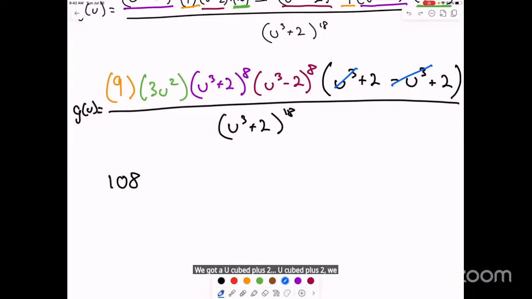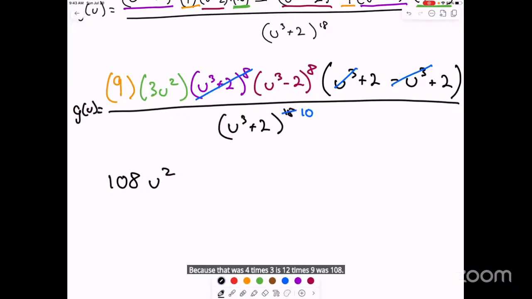We've used 8 of them. So 8 of these cancels 8 of those. It leaves 10 down here. So I think this is a u squared, because 4 times 3 is 12 times 9 was 108.